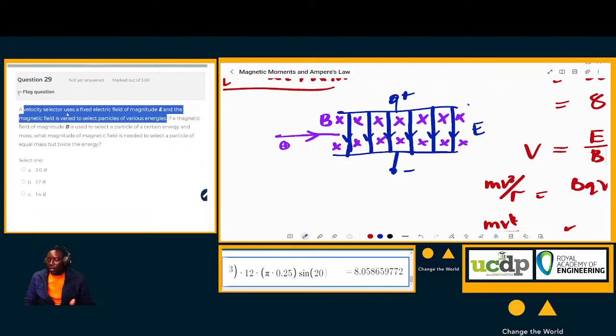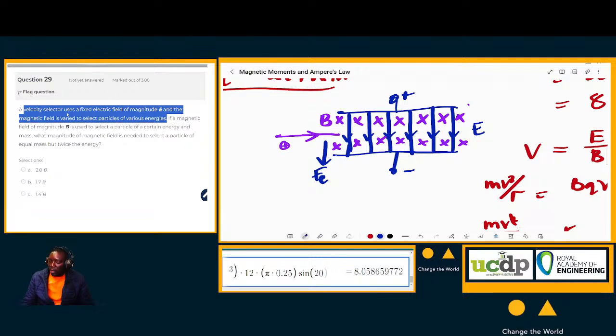Then the positive charge tends to follow the electric field, so it experiences a Fe. So that Fe is downwards on the charge because it follows the field. But the magnetic field, using that same rule, magnetic field current to the right, the force is upwards.